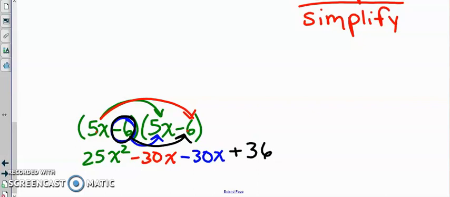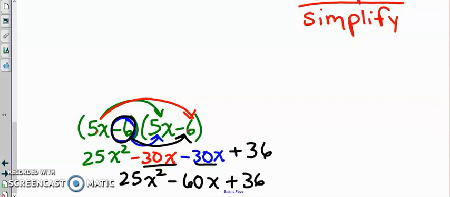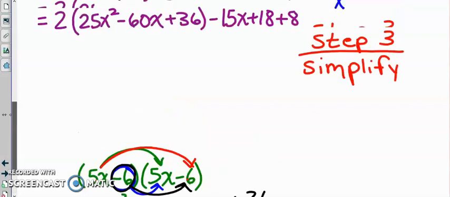Right, we combine like terms. We get 25x squared minus 30x minus 30x, which is negative 60x, plus 36. So in here, negative 30x and negative 30x are like terms, so we just combine them. So that gave us the 25x squared minus 60x plus 36 that we said up here.